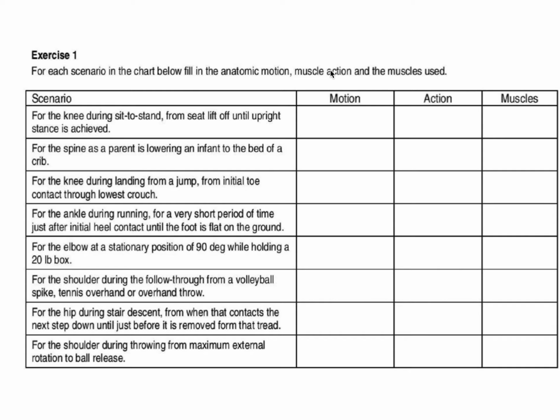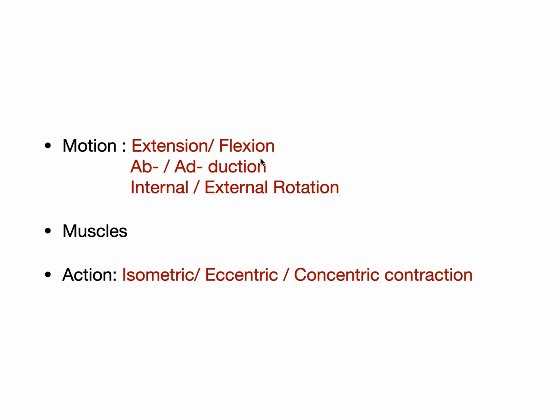We can take a closer look at the table. There are motion, action, and muscles that we're going to fill in for each scenario. What does that mean? What does motion, action, or muscles mean? For the motion section, we're basically going to fill in extension, flexion, abduction, adduction, internal or external rotation. That's a motion of that joint specifically.